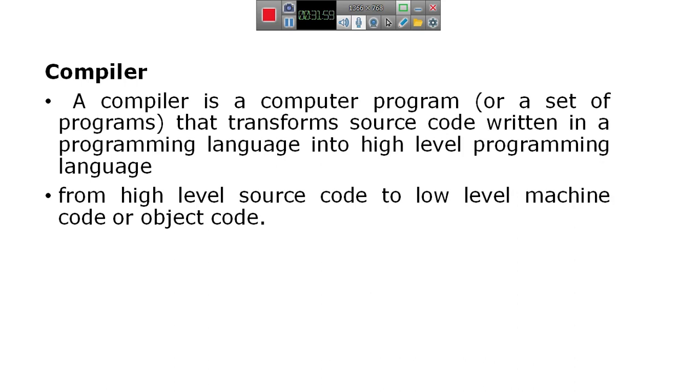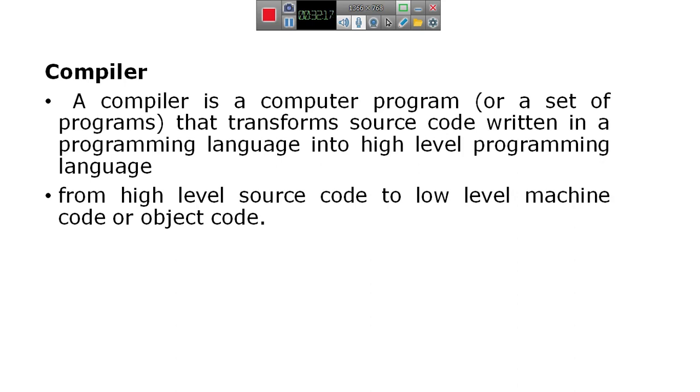So here the interpreter is one of the high level programming language translators, and the compiler is also one of the high level programming language translators.